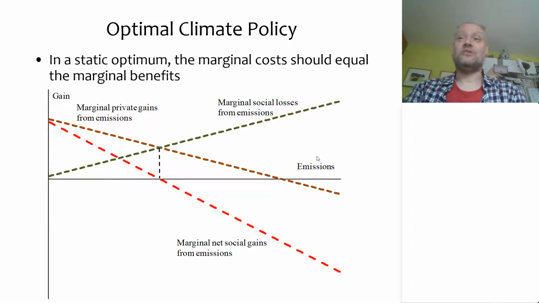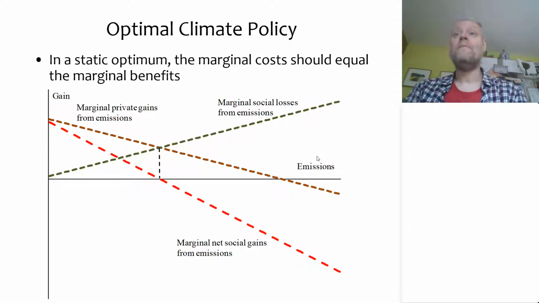Similarly, at a certain point you're going to stop driving because you've reached your destination, because petrol is expensive and you don't want to waste your time driving around. So that is why that brown curve hits zero at some point, and that is how much you would emit if you would completely disregard the externality of your emissions.